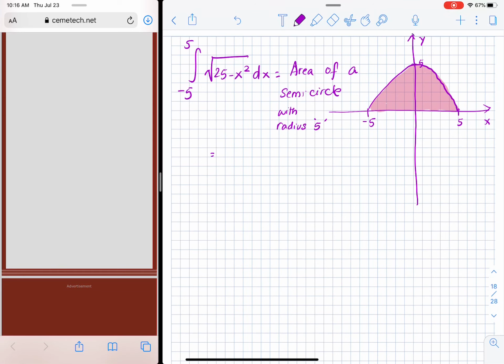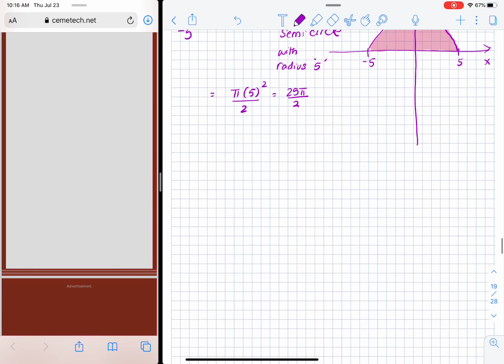We know the area of a circle is pi r squared. We divide by 2 to get the area of the semicircle, so we have 25 pi over 2. So the area of the integral would simply be 0 minus 25 pi over 2. We get negative 25 pi over 2.